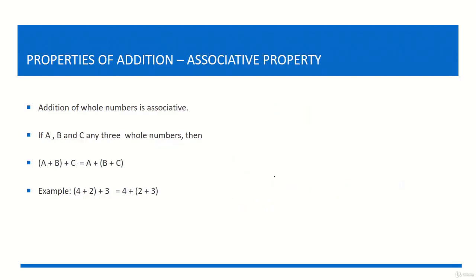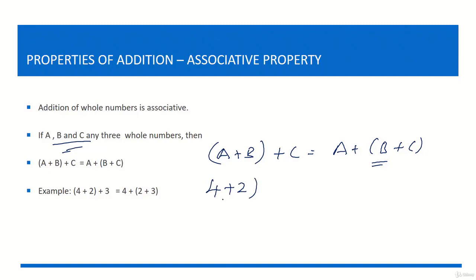Next is the associative property. What is the associative property? You can check here how exactly it works. Suppose (A plus B) plus C is equal to A plus (B plus C). For example, (4 plus 2) plus 3 is equal to 4 plus (2 plus 3).